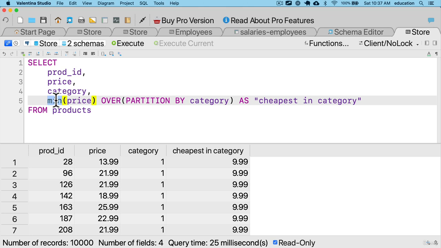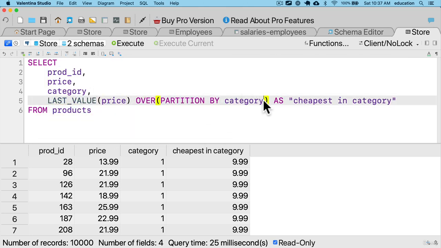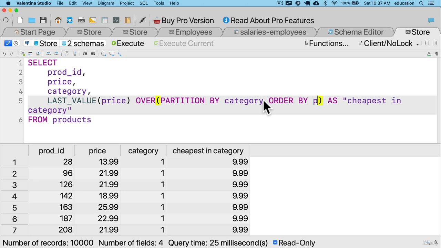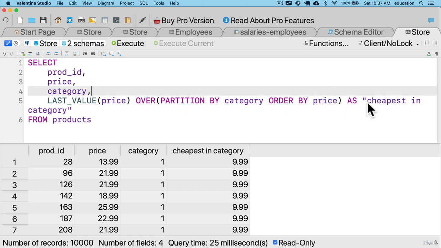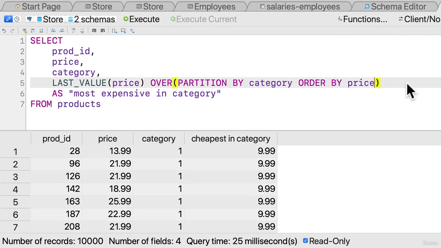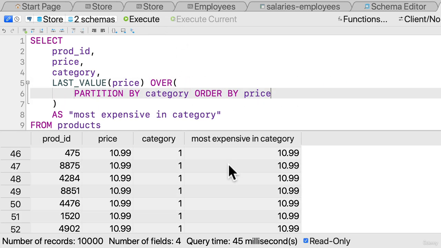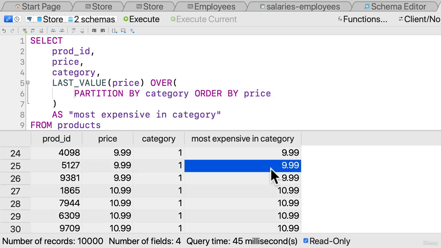If we did last value against the price over the partition by category, and we did order by price, and we named it most expensive, because we need to name it right, then what's going to happen, and we saw this in the previous video, is we're taking into account the previous rows and the current row.